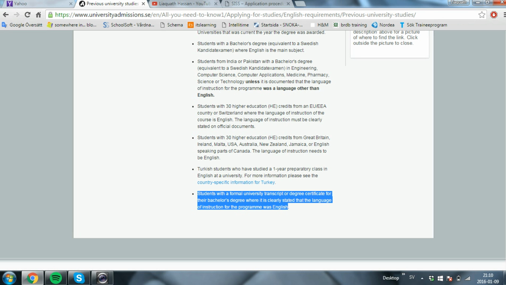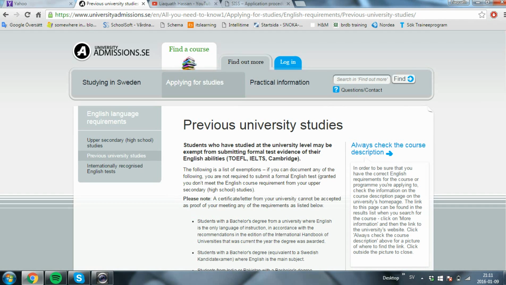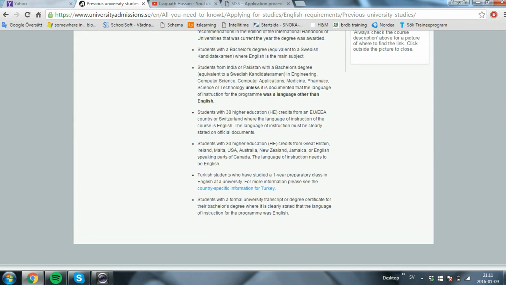And many have asked, well, I have this, but it's not stated in the transcript or degree certificate; it's a separate paper provided by the university. So I won't go for that one, because when I try to help people with this information, I always depend on the website and what is written on the university website, universityadmissions.sc.